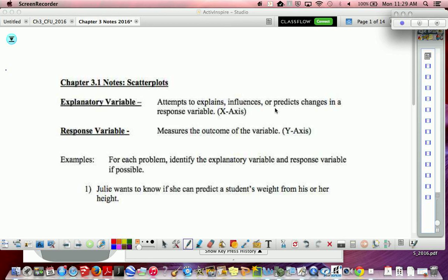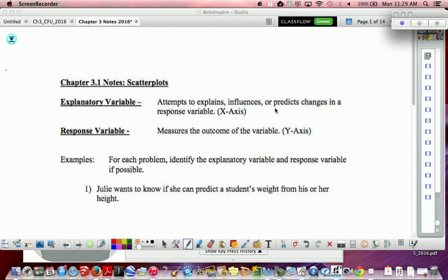So we're going to start to compare the relationship between two quantitative pieces of data, and see, is there a relationship between them? When we do that, we have to have what's called an explanatory and a response variable.